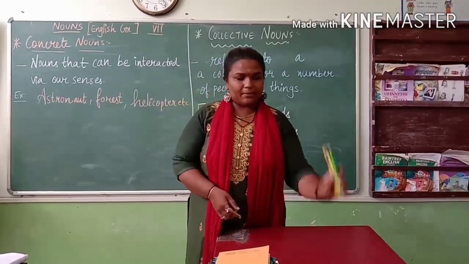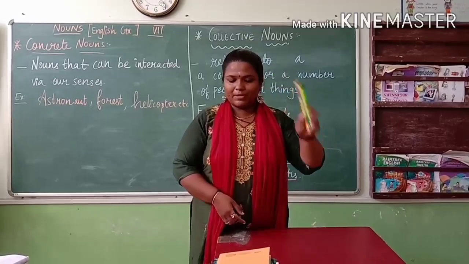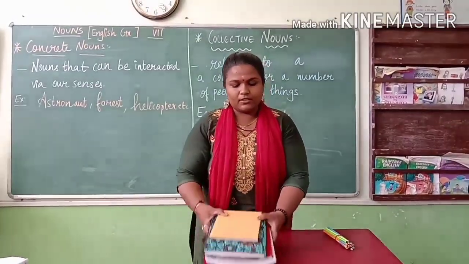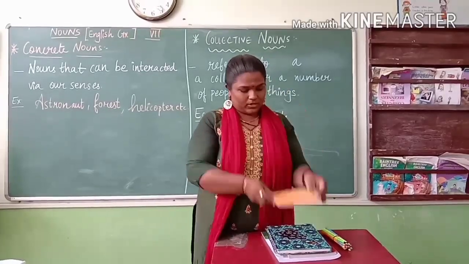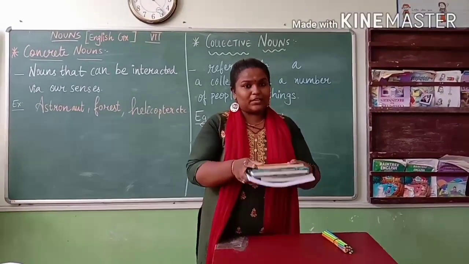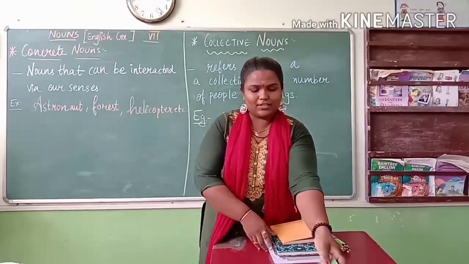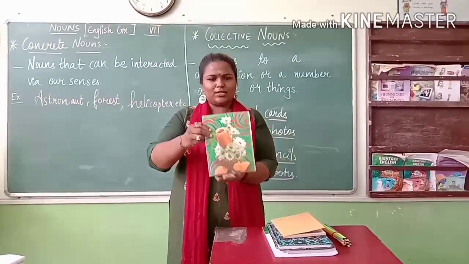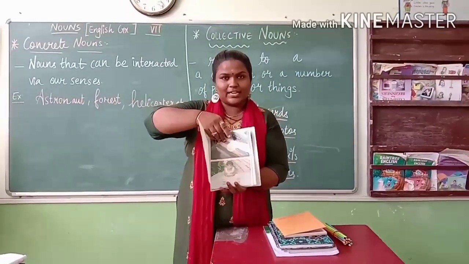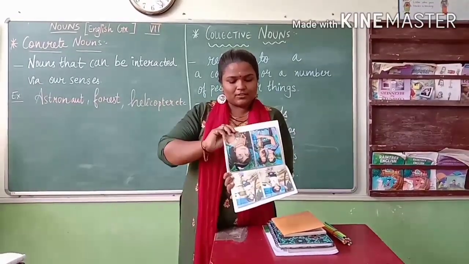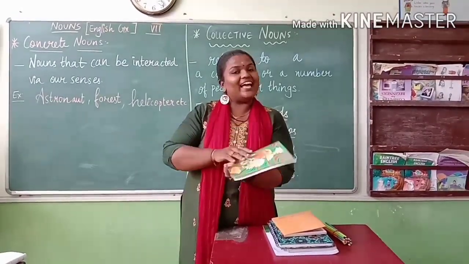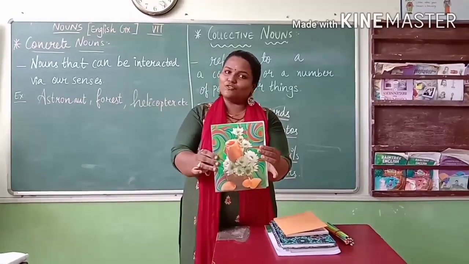I have some more examples. Bundle of pencils, bunch of books. This is a book, but these are a bunch of books. What is this? A book, but when I open it, it has photos. Yes, we have photos in it. So this is an album. So, album of photos.